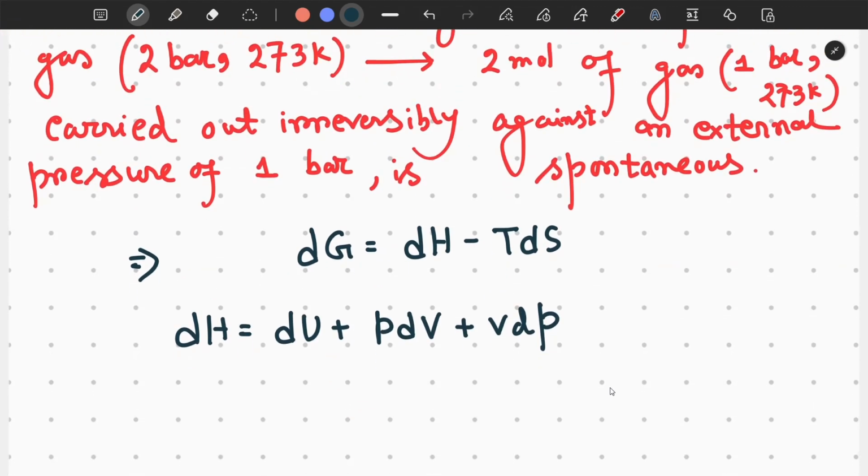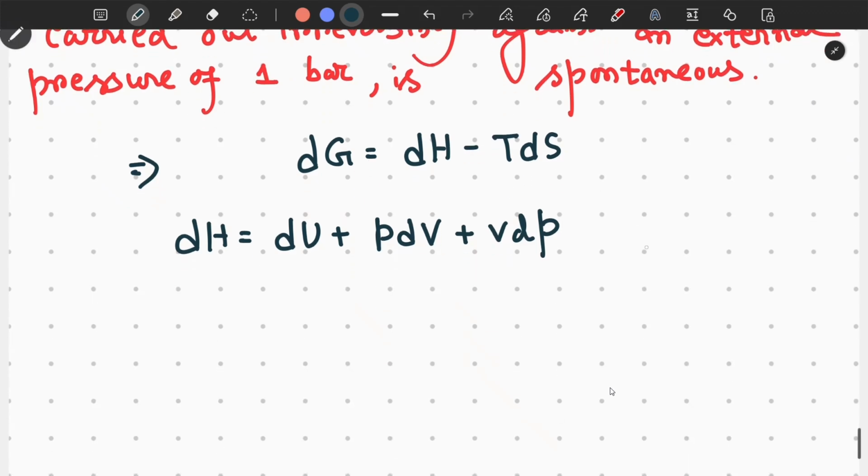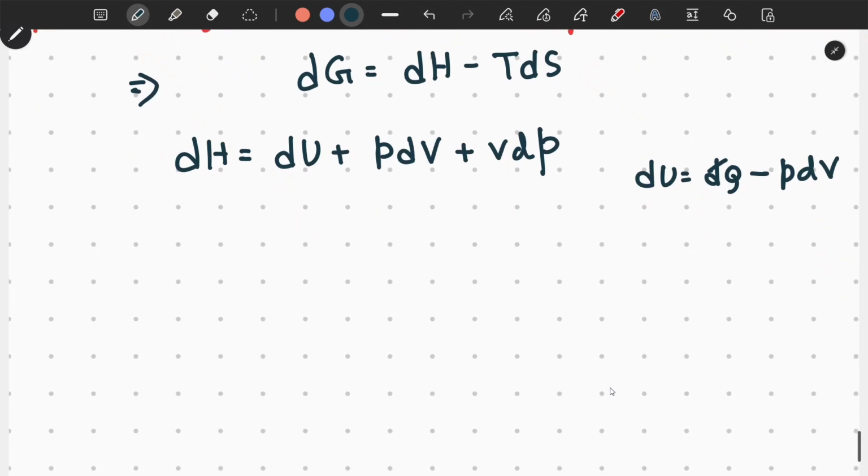And dU is, from the first law, dQ minus dW, so it should be minus PdV. So dG is VdP minus SdT.